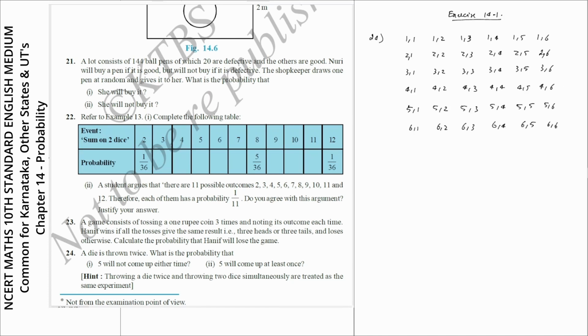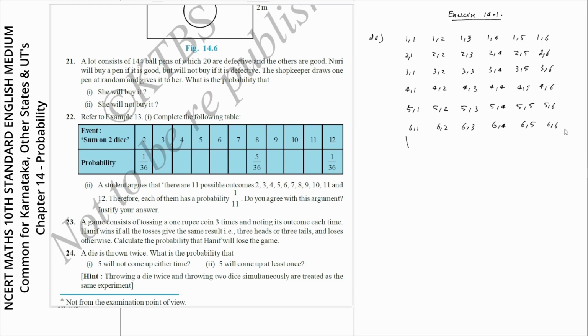Exercise 14.1, question number 24. A dice is thrown twice. What is the probability that 5 will not come up either time, and that 5 will come up at least once? When a dice is thrown twice, all the possible outcomes are written here: 1,1; 1,2; 1,3; 1,4; 1,5; 1,6. Similarly 2,1; 2,2; 2,3; 2,4; 2,5; 2,6, and at the last 6,1; 6,2; 6,3; 6,4; 6,5; 6,6.